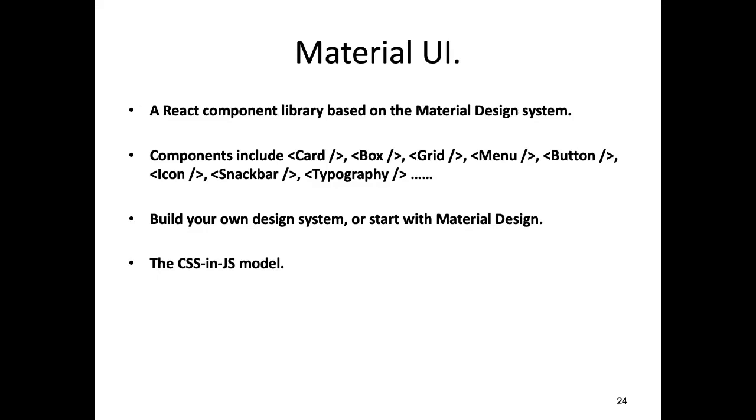So that means obviously CSS in the case of web apps. And what Material UI decided to do is to adopt what's called the CSS in JavaScript model for coding our CSS. And I just want to explain that because that is the only aspect that might throw you a little bit when you're using this third-party library.